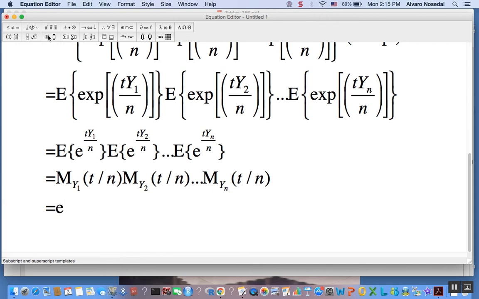It would be e to the power mu times t divided by n plus 1/2 of sigma squared times t divided by n squared.